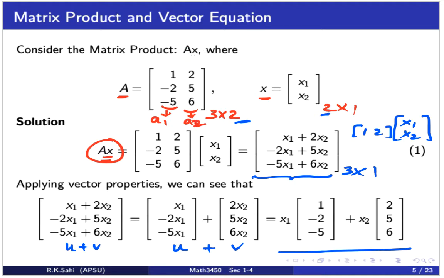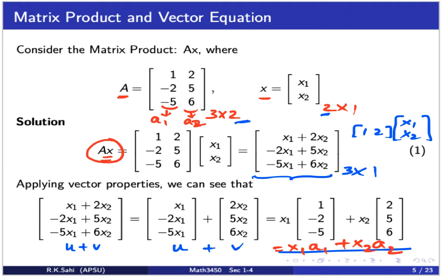So this matrix product A times X can be written as a linear combination of the columns of A, which are given by A1 and A2. So it's x1 times A1 plus x2 times A2.